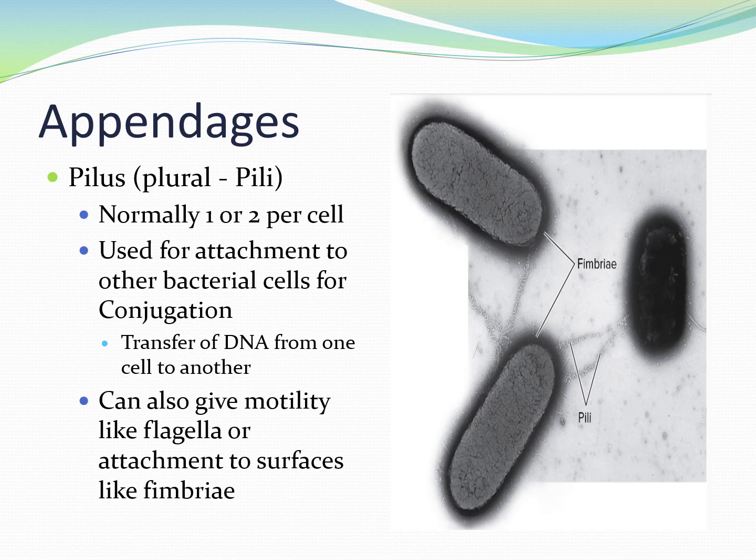But that doesn't mean that they don't exchange information with other cells. We will talk about this more later, but this type of exchange is called conjugation. Sometimes these guys are called a sex pilus. We'll talk about that more again later in this chapter when we talk about conjugation.